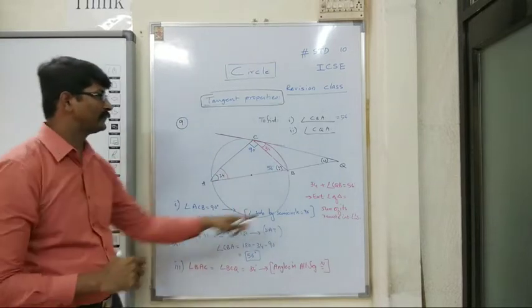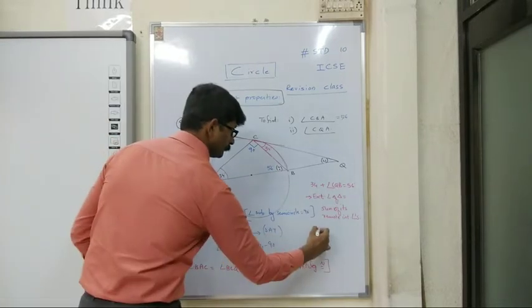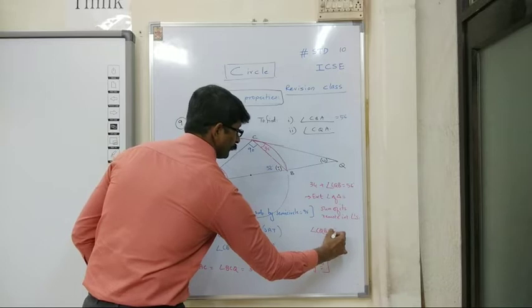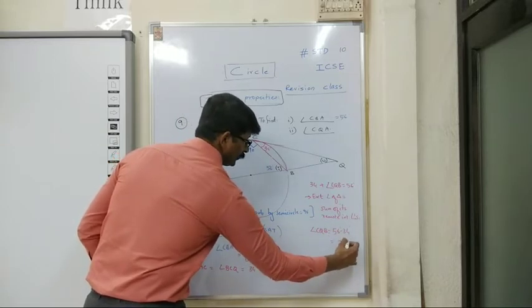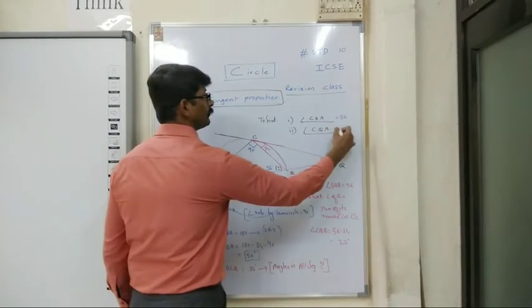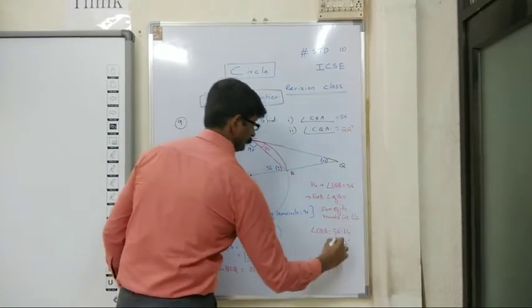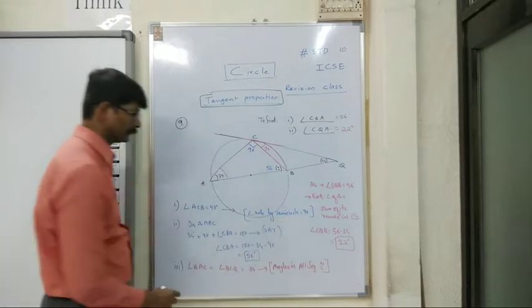So angle CQB is equal to 56 minus 34, which is 22 degrees. So this is the final answer. Put boxes for all final answers.